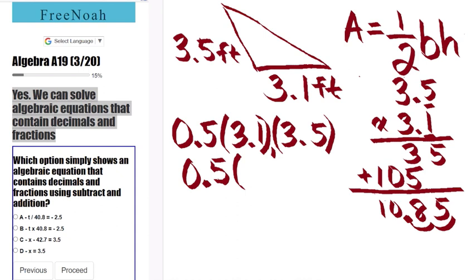Now let's rewrite the statement here. We have half times 10 and 85 hundredths. Alright, moving on here.